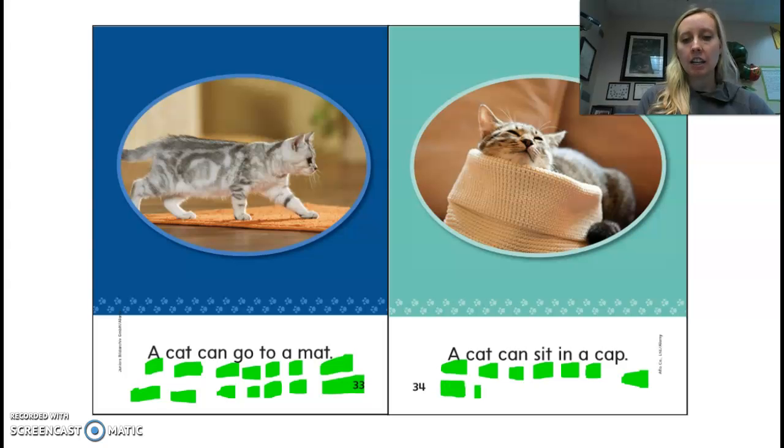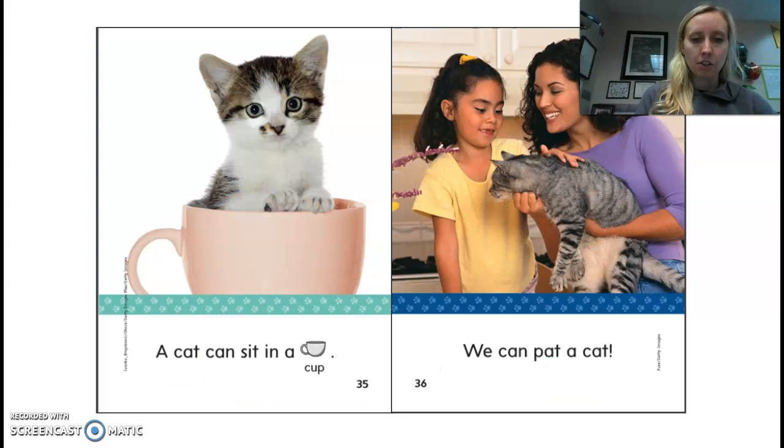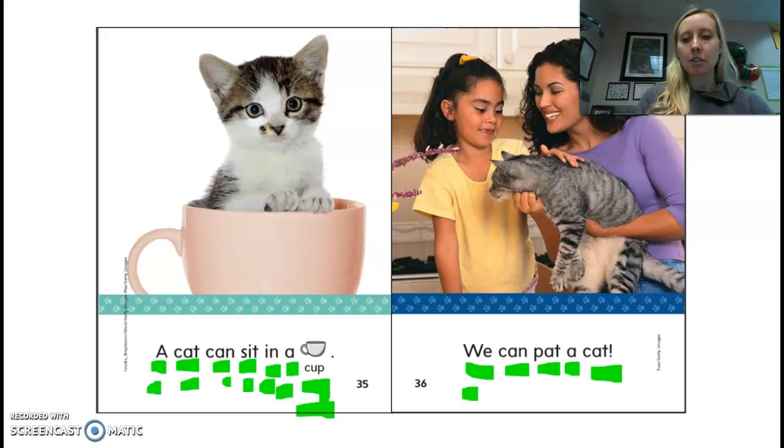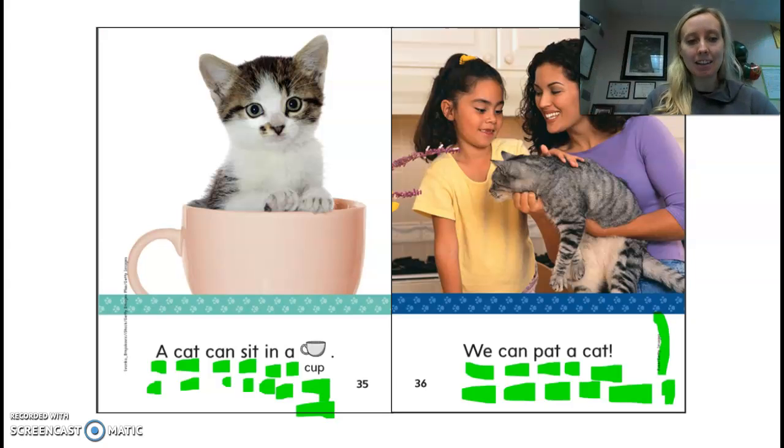Together. A cat can sit in a cap. Here we go. Your turn. Together. A cat can sit in a cup. Last part, your turn. Together, we can pat a cat. Don't forget, exclamation means I'm excited.